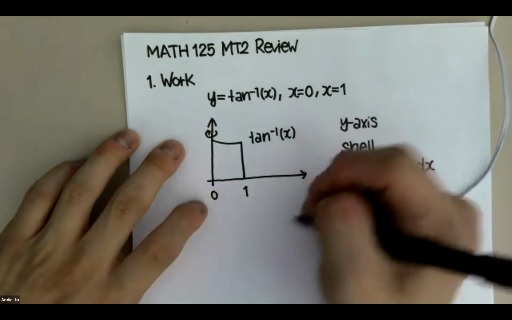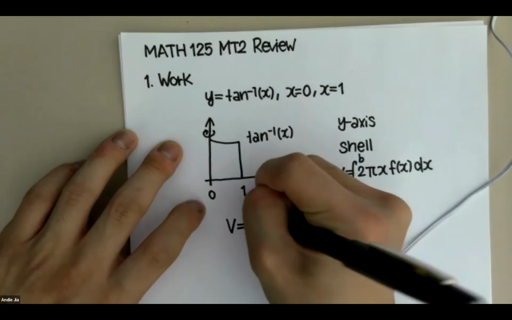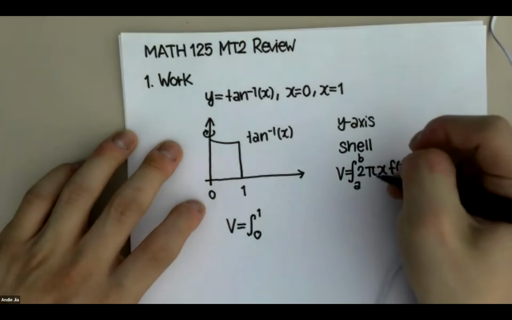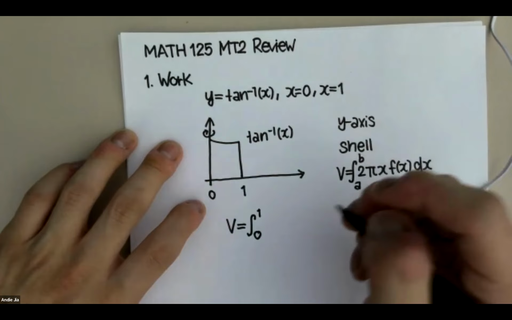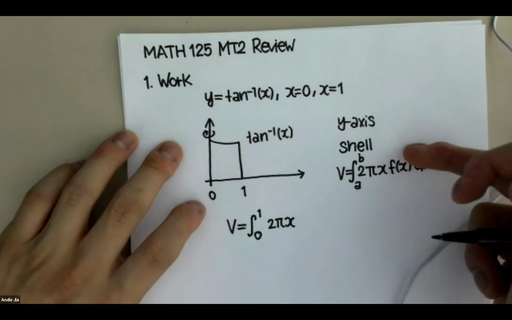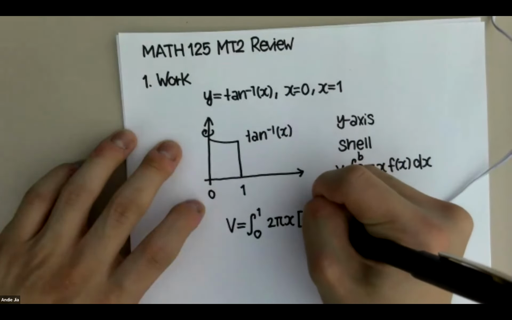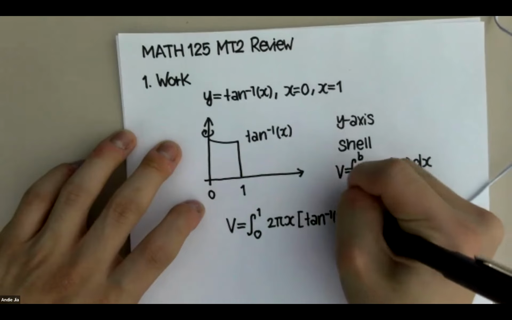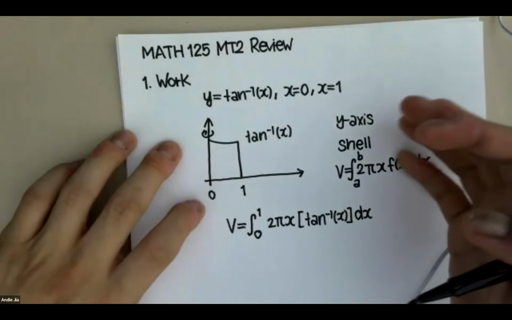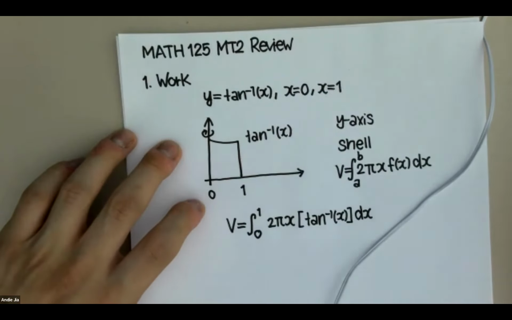So the volume is the integral from 0 to 1, and then we have 2 pi x times arctangent of x dx. So we have this volume equation here.